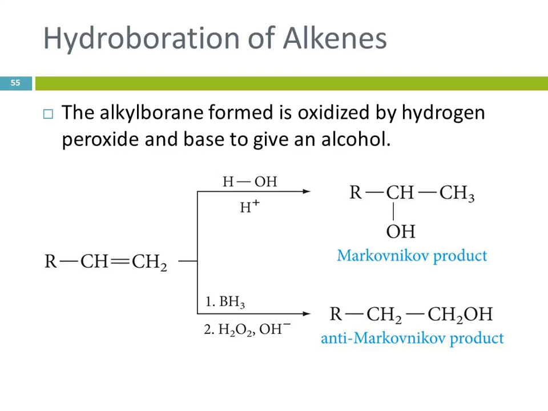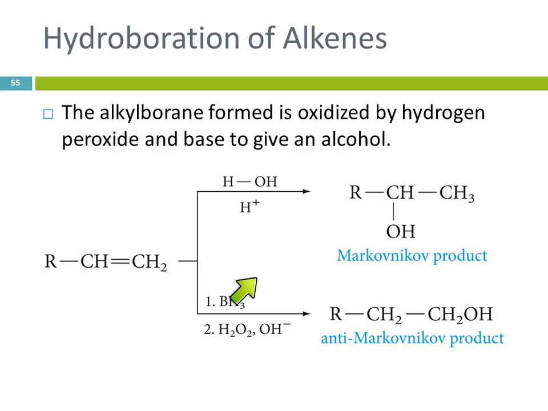The alkylborane that is formed is then oxidized by hydrogen peroxide and a base, giving an alcohol. We're not going to be real concerned about that mechanism. But what we see is that when we add water and acid, what we've been talking about, this is a Markovnikov product; we expect the OH will be on this second carbon.